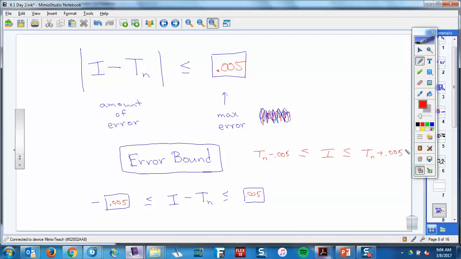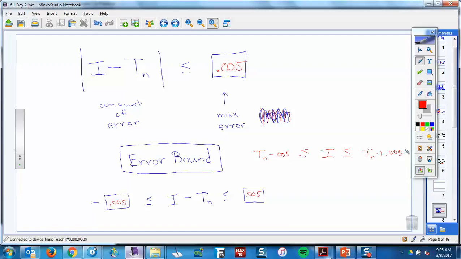Doesn't that make sense? So if I take my approximation, and I know the most it's off is 0.05, then, right? So if you take my trapezoid, if I add 0.05 on, or I take away 0.05, I know the exact answer has to be in there somewhere.